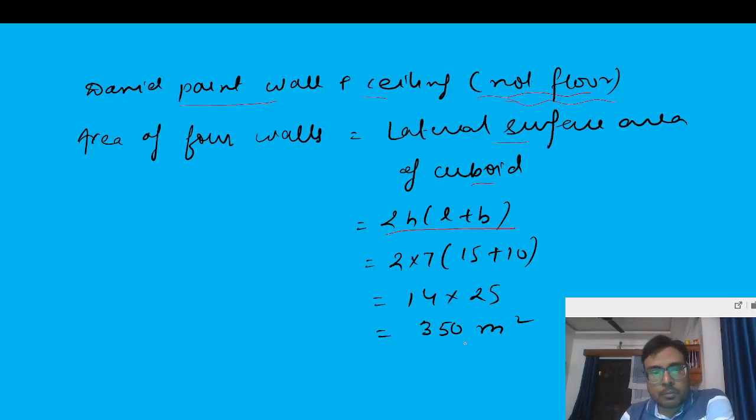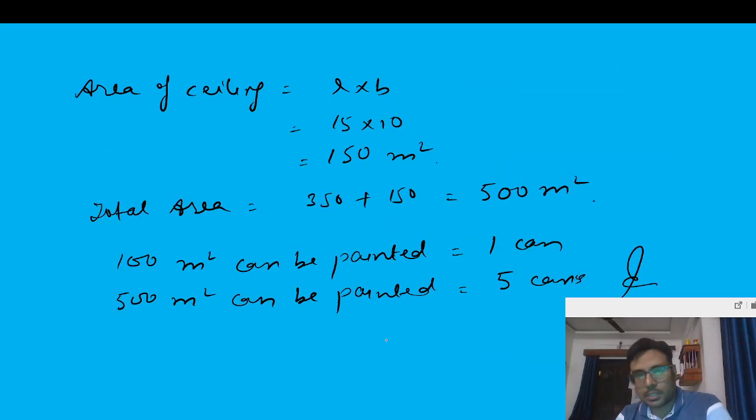Putting in the values, the area of four walls is 350. The area of the ceiling is length into breadth, 15 into 10, 150. Total area is 350 plus 150, 500 meter square. One can paints 100 meter square, so 500 meter square will be painted with 5 cans.